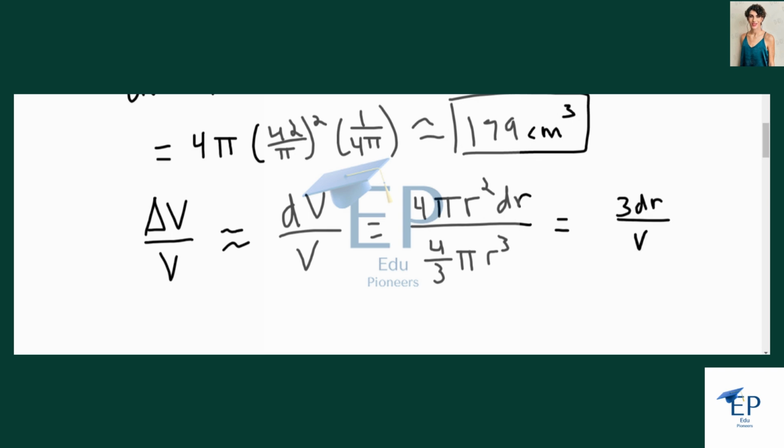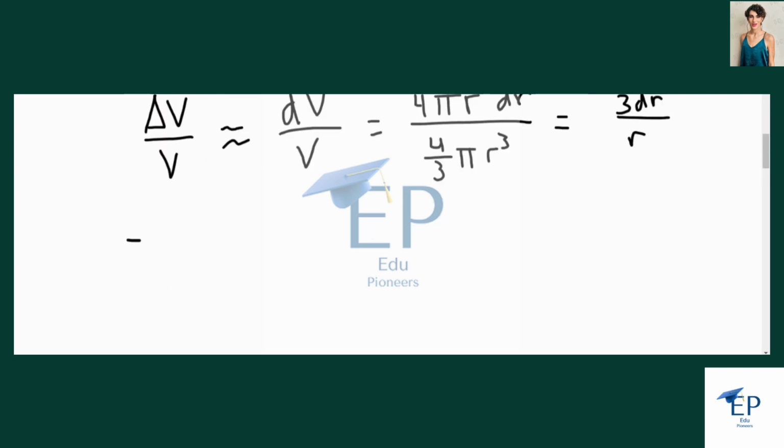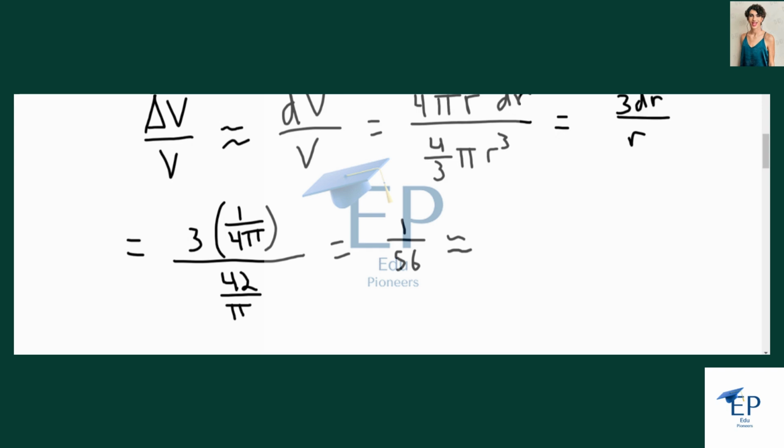Now if we plug in dr, which we know is 1 over 4 pi, and then we plug in our r, which we calculated to be 42 over pi, all of this comes out to approximately 1 over 56, which is roughly 0.18. And we can write that also as 18%.